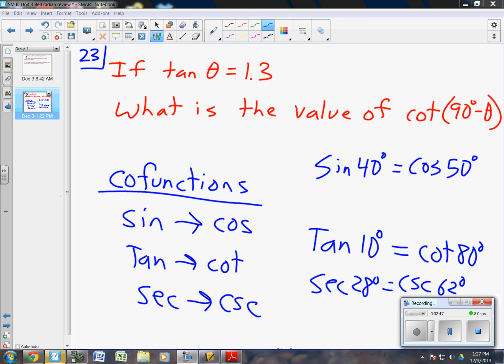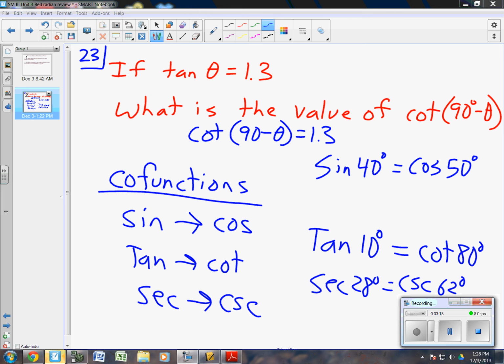So how does that relate to this problem right here? If tangent of theta equals 1.3, what is the value of the cotangent of 90 minus theta? 1.3. Well, look, put a number in for theta between 0 and 90. Can it give me a number between 0 and 90? 20.